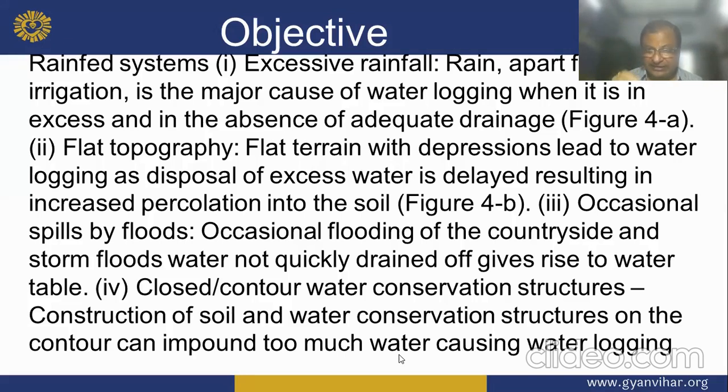So water is delayed, resulting in increased percolation into the soil, occasional flooding of the countryside, and storm flood water not quickly drained adds to the water table. So this is the cause of the high water table.